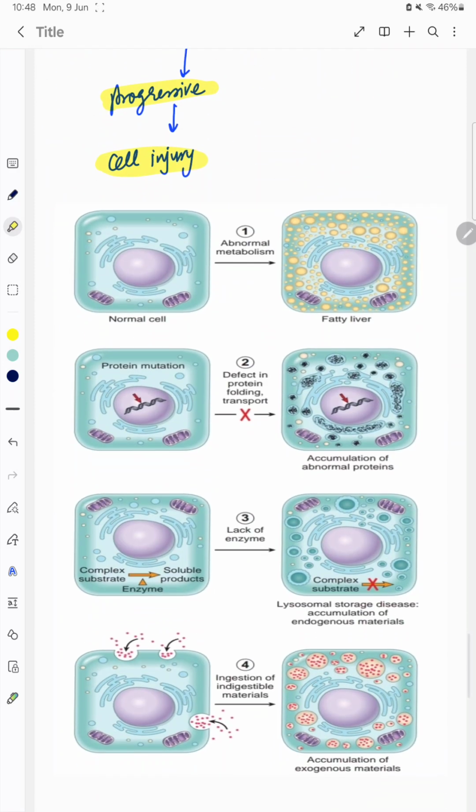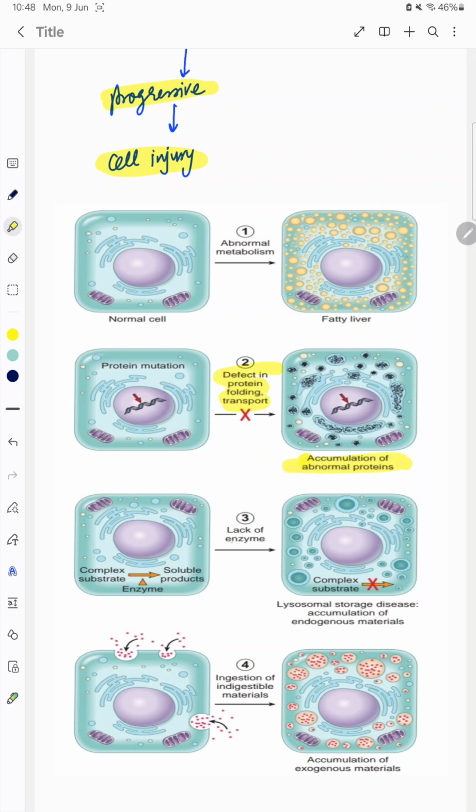This is the diagrammatic representation of all four mechanisms. In normal cells, due to abnormal metabolism, there is accumulation of intracellular fat in fatty liver. In the second mechanism, defects in protein folding and transport result in the accumulation of abnormal proteins.